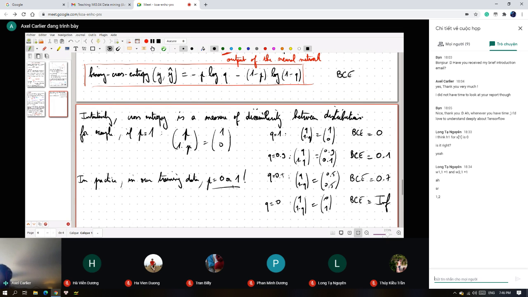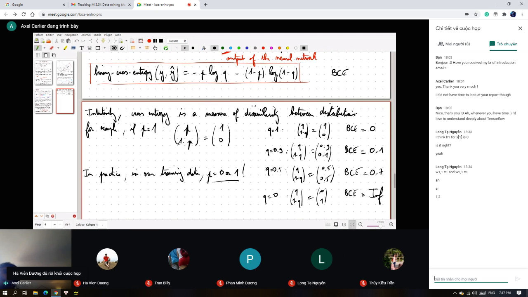This means that in practice, when we have data that is labeled 1, this part of the equation is equal to 1, so we have minus log of Q, and this is 0, so this part disappears. And when we have P equals 0, so if we have labeled, for example, our data as not spam, then this is 0, and this is only log of 1 minus Q. So in fact, the equation gets simpler when you use it with the training data.